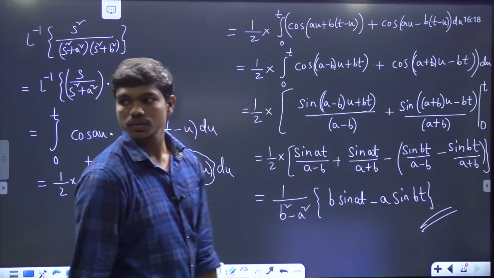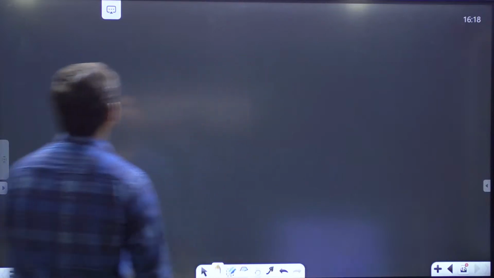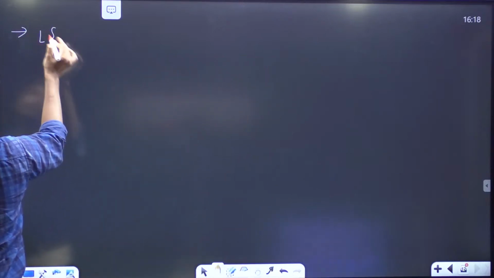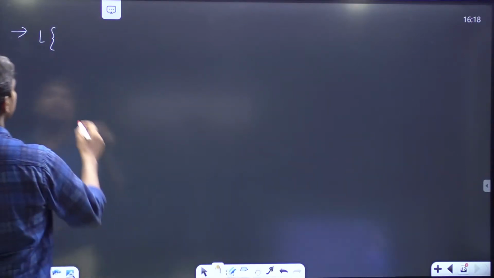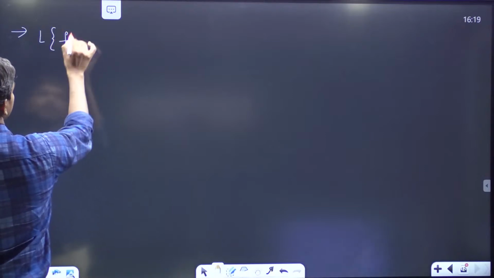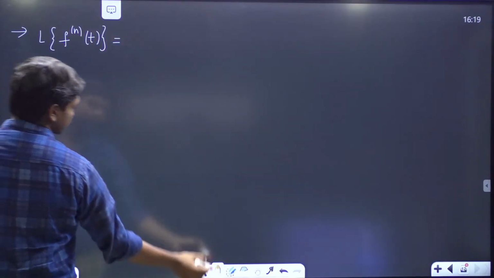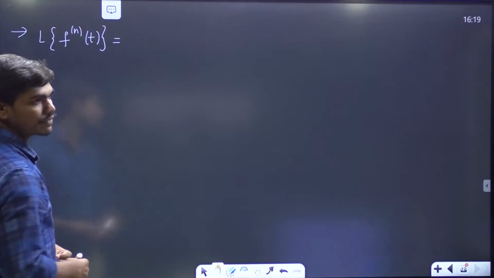Okay, now we'll see what happens if you have differentiations. The Laplace transform of an nth derivative of t, basically the Laplace transform of some derivative of a dependent variable with respect to t.